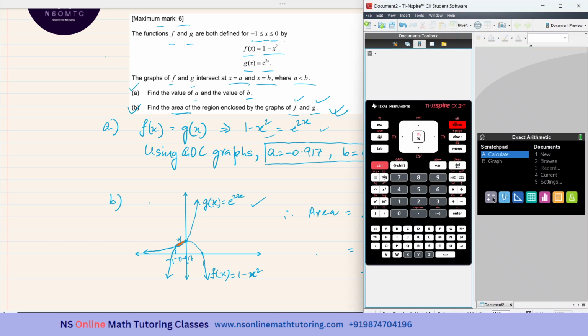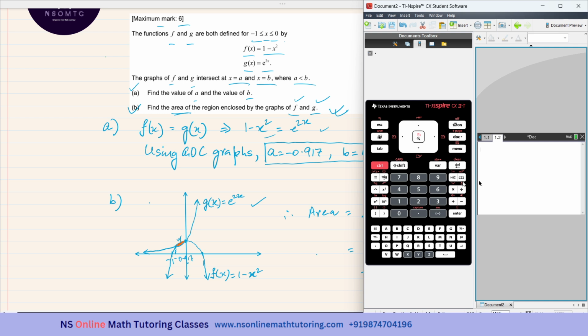I have to go to the calculator page and it will be the integral. So I come over here and this is the integral. Okay, and it is negative 0.91656 and the upper limit is 0, and this one is 1 minus x square minus e to the power of 2x.